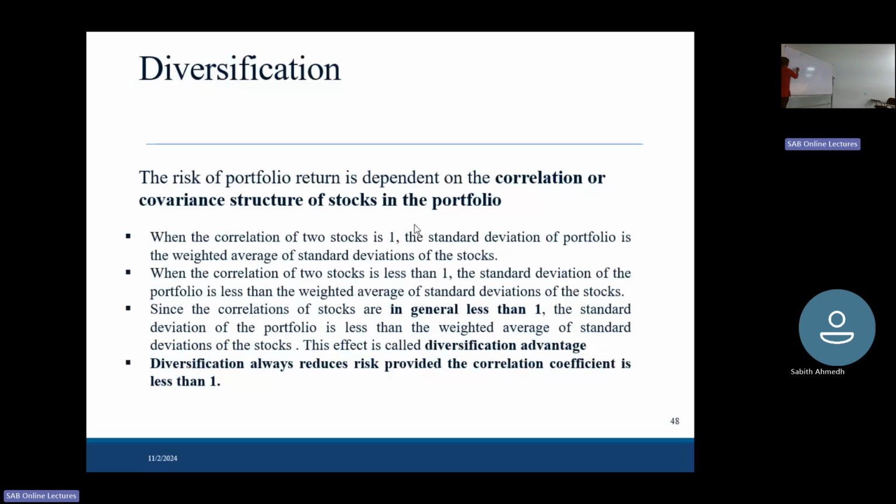If the correlation coefficient is say 0.5 positive, since it is less than 1, at a moderate level, some sort of diversification is possible. It means that when stock X return is increasing by 1%, Y stock return is increasing by 0.5.